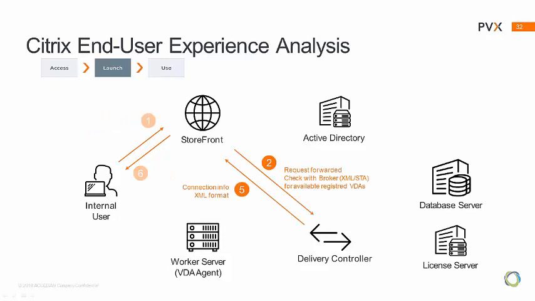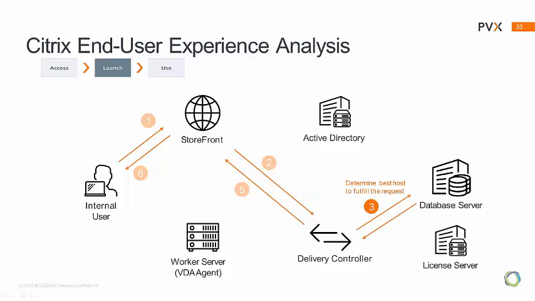So, requesting forward with the broker for available registered VDIs, then connecting to the XML format, and then determining the best host to fulfill the request, right? Which worker server is available with enough resources to satisfy this user's request. And then once again, the delivery controller acts as that broker to inform and listen to which ports we're going to be on.